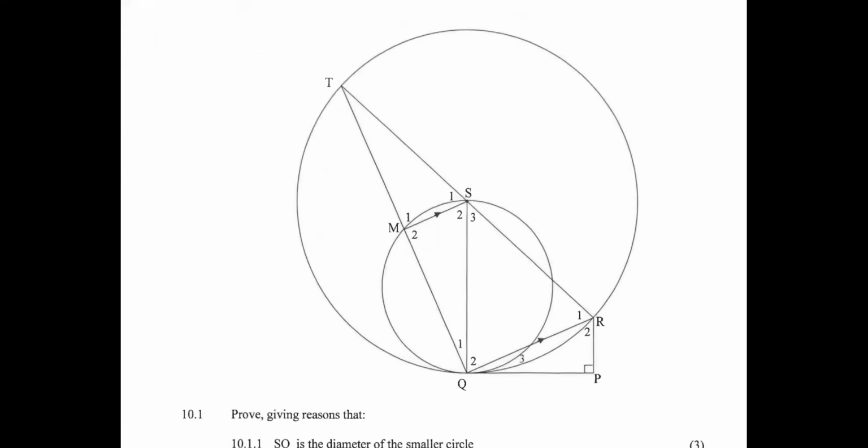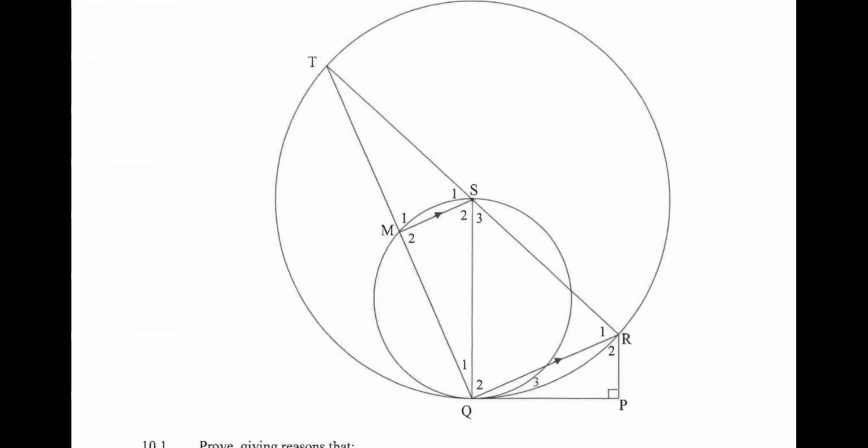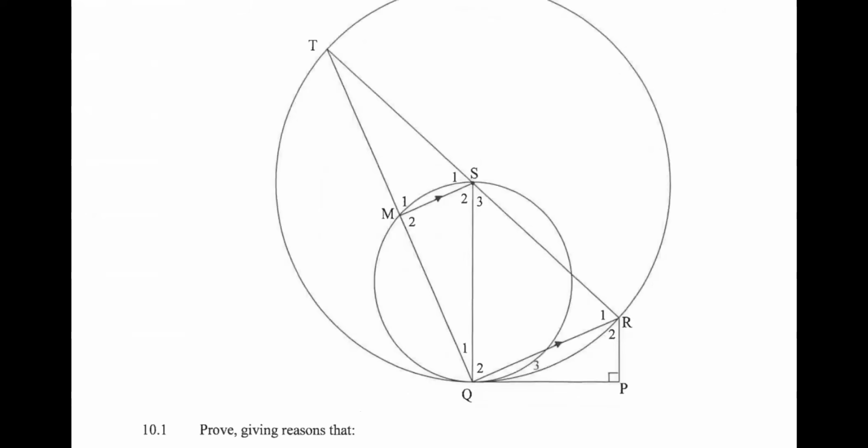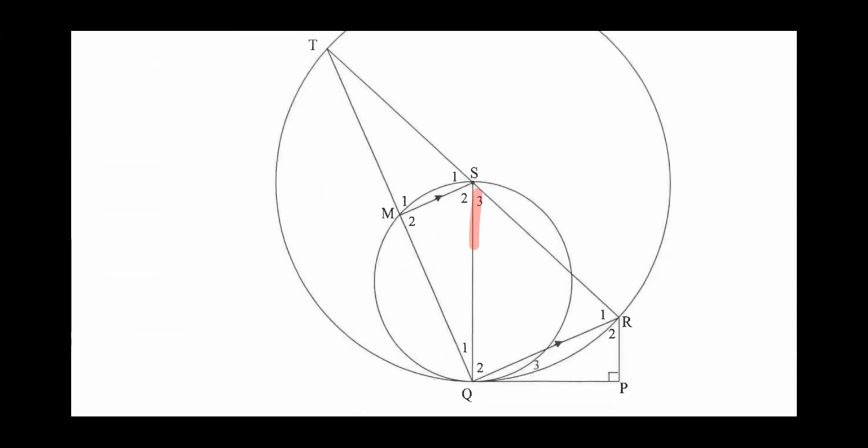Okay, it was much simpler than I thought. It's 3 marks, but it is actually very simple. So what we're supposed to do here is, S is the center of the circle, which means that SQ is a radius, and a radius is perpendicular to a tangent.